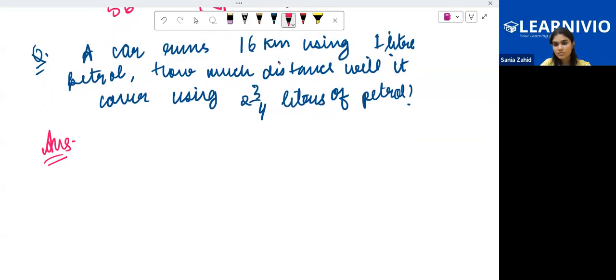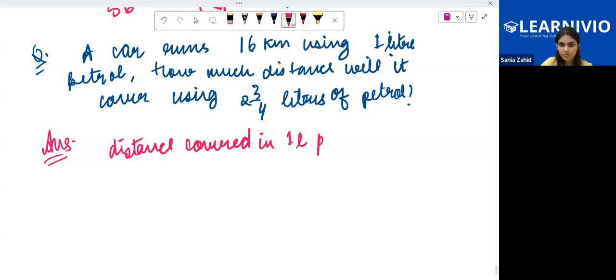Then using distance, the distance a car covers in 1 liter of petrol. Okay, it is 16 kilometers.